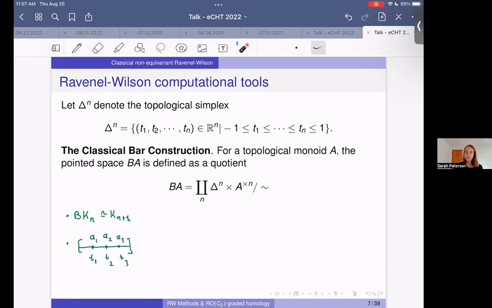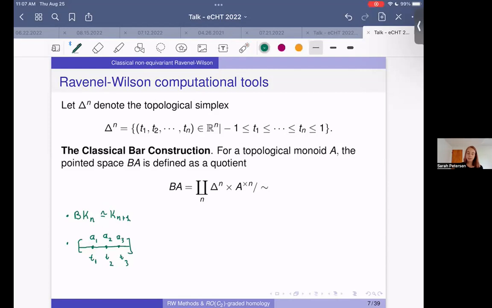And the space is topologized so that if these points were to come together and collide somewhere in the interior of this interval, you would multiply the labels. And if they were to slide off to the boundary, the label would get identified with the identity in your monoid.